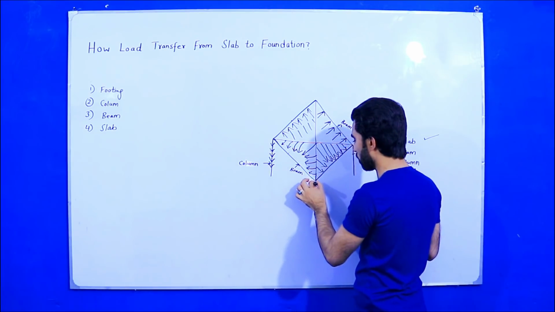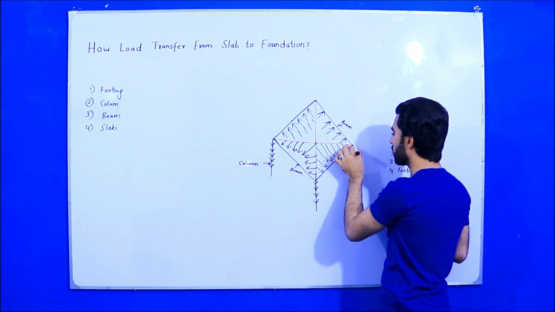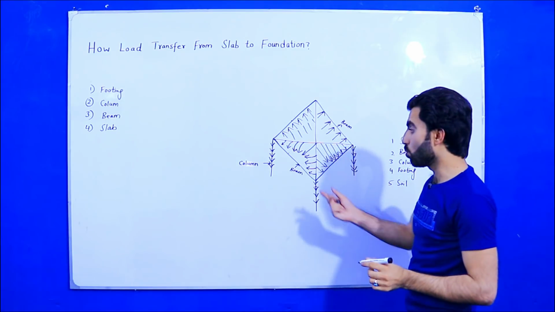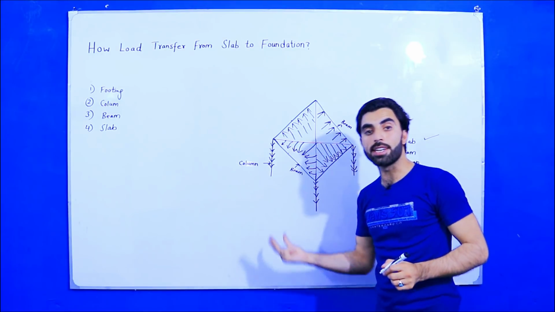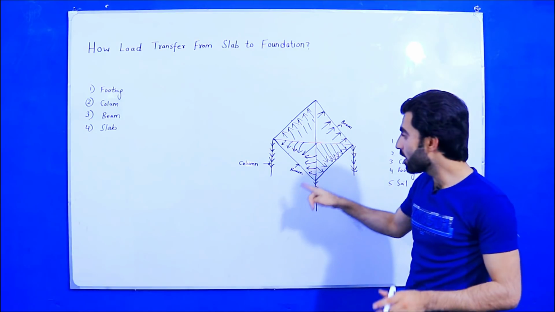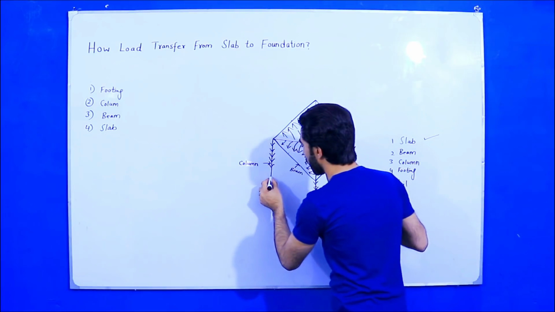Also here, this is the load path. Now, guys, we have the third one. When the slab distributes the load to the beam, the beam transfers the load safely to the columns, and the columns transfer the load to the footing.